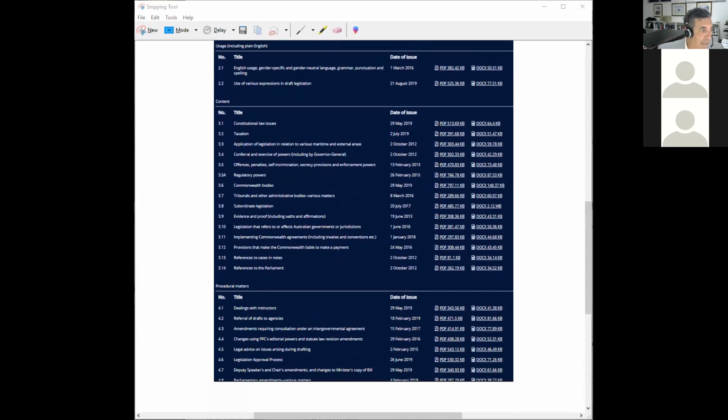So again, you can download each of these in PDF or in Word versions. Let's have a look at a couple of these. I've selected 1.3 commencement provisions and 1.5 drafting provisions.